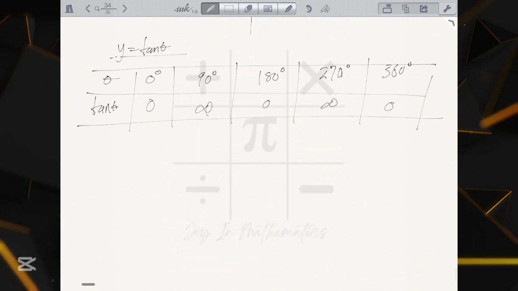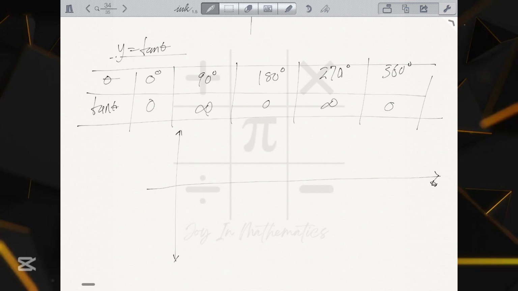Now, you might not be able to get the full image of what is being depicted here, but let me explain it with a template of tan theta. So we have the y axis, and then we also have the x axis, or let's say theta axis.